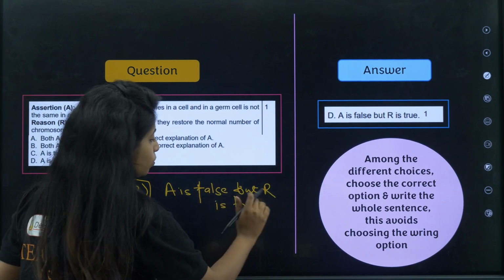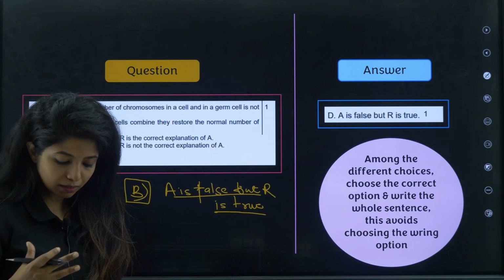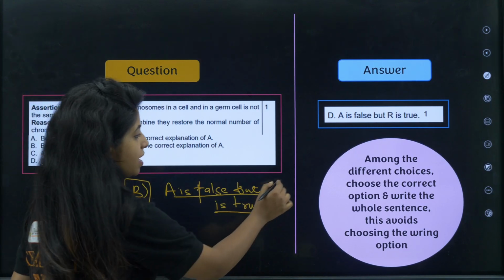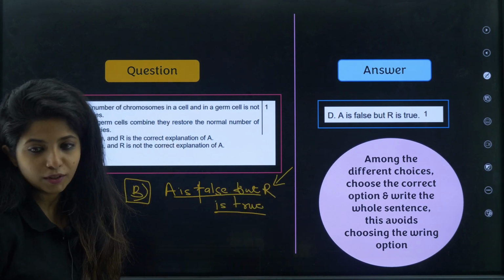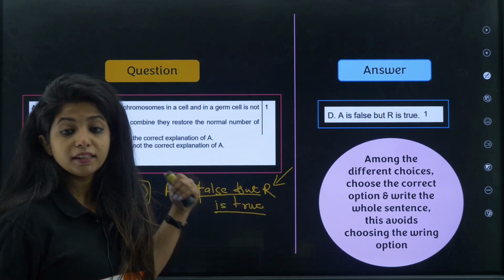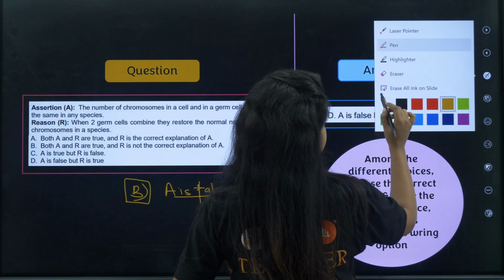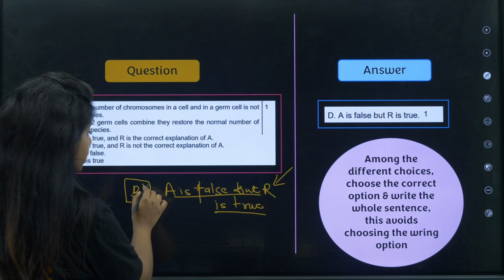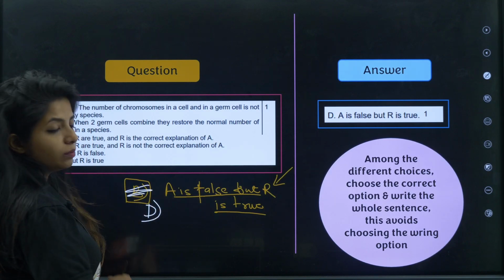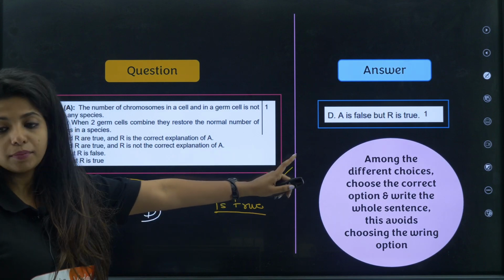When you write the whole statement, at least you are telling the teacher or whoever is checking the paper that I actually meant to write this, not that. So always write the whole option, my dear children. It's very important. And later, if you get to know this is wrong, you will put D as the option. So please make it a habit.